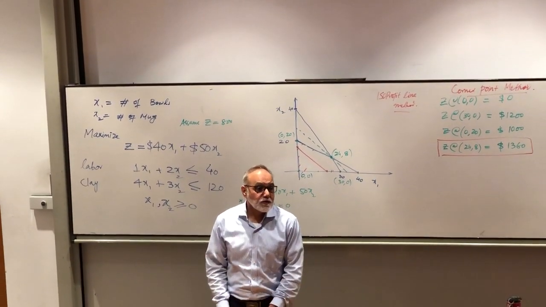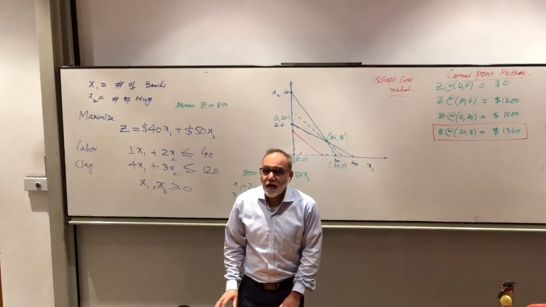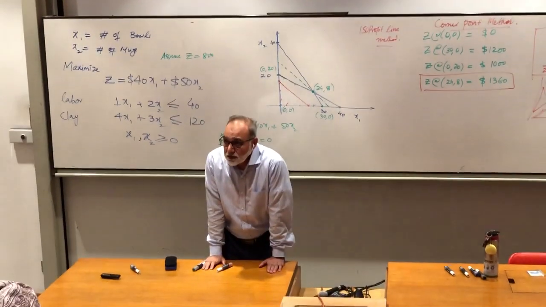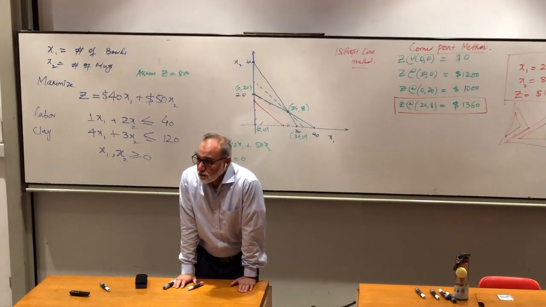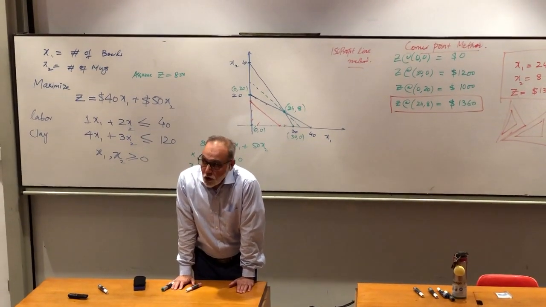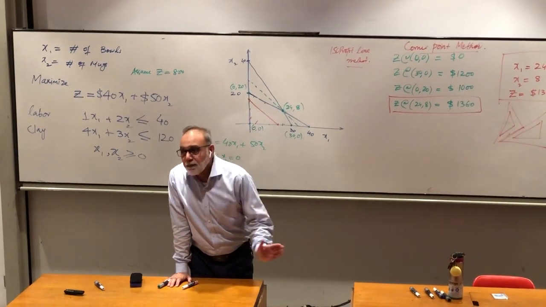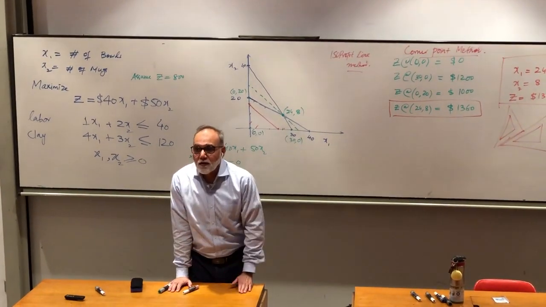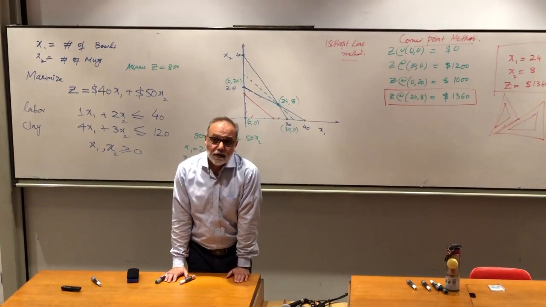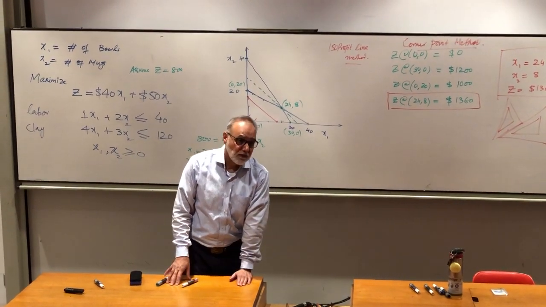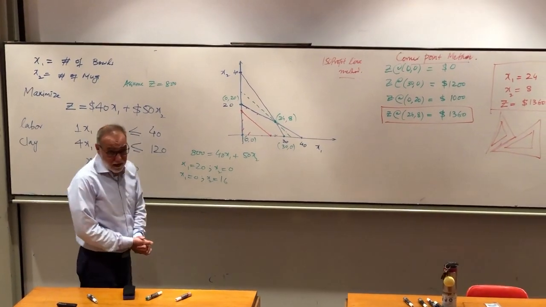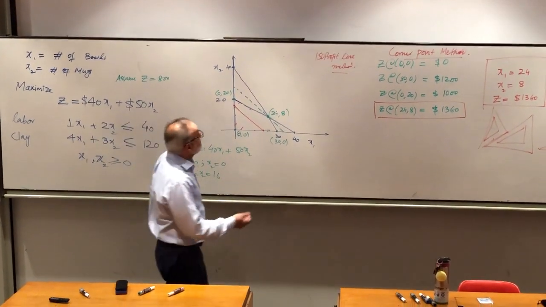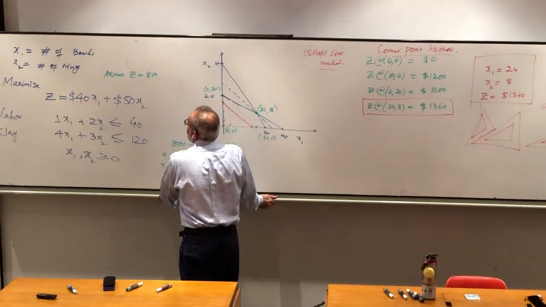So this is called the isoprofit line method. Two methods: either solve the corner points, or draw an isoprofit line and then draw parallel lines, moving it away from the origin until the last point hit in the feasible region is your answer. Clear? So we will now go through this very quickly.